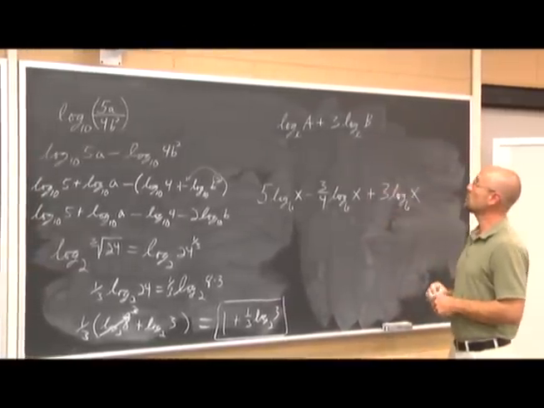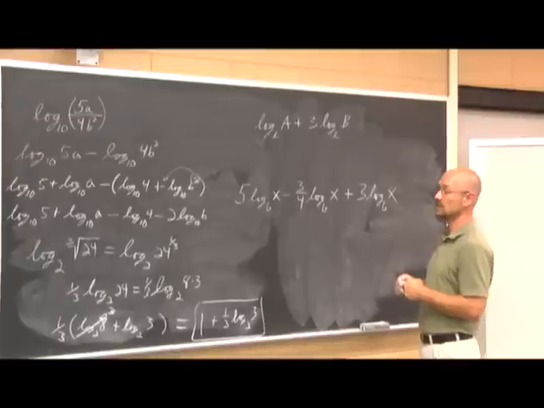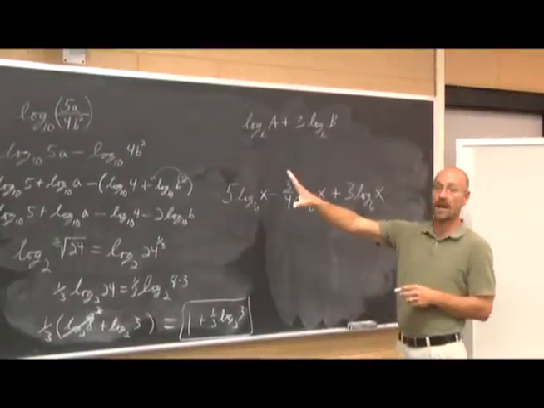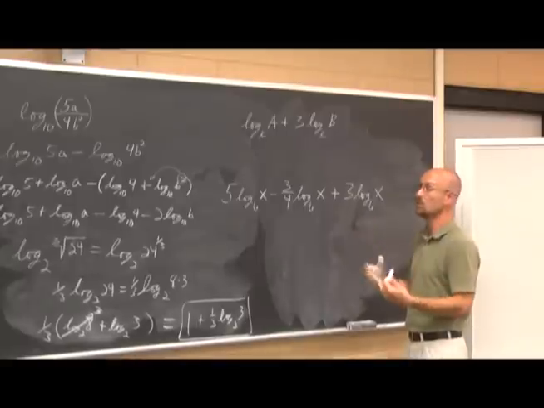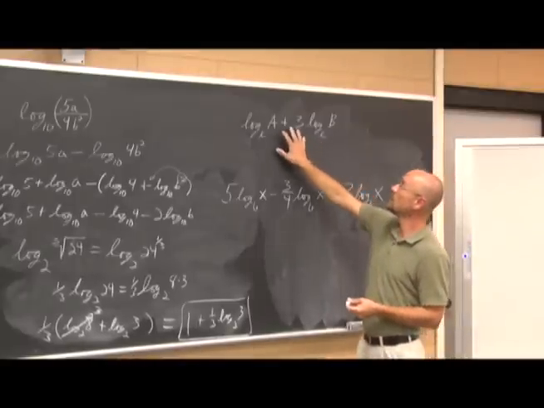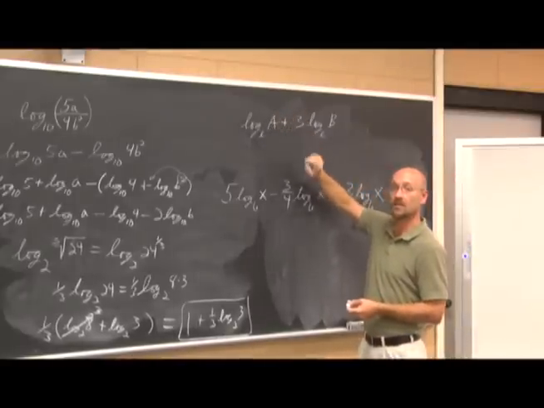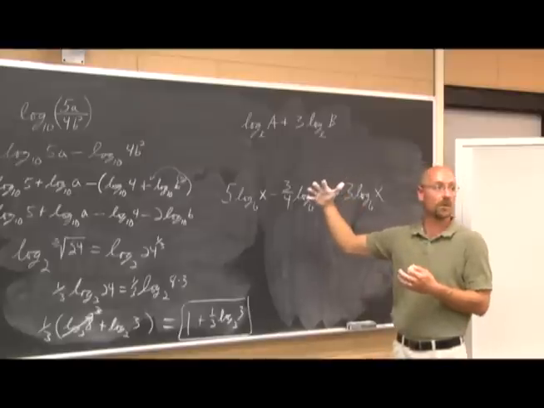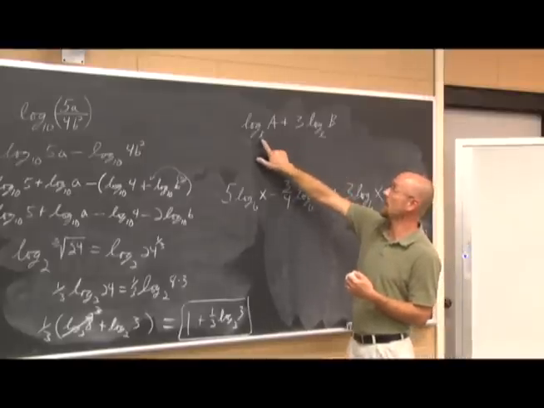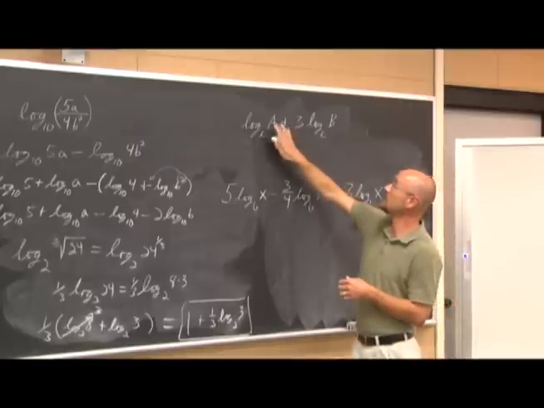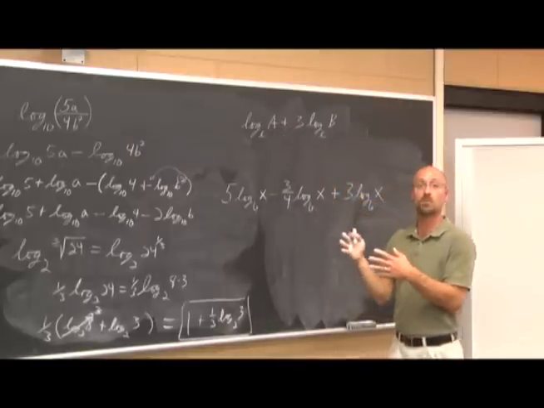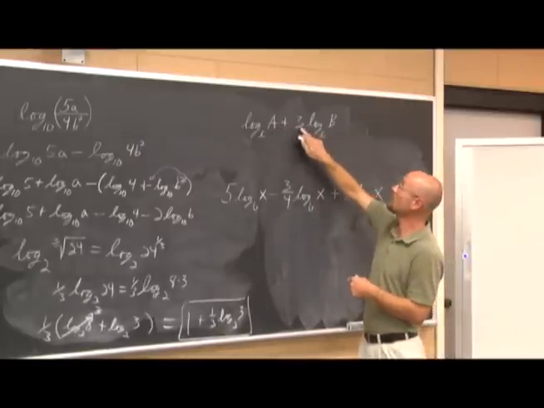All right, let's look at this example here. We're going to combine this into a single logarithm. The other ones, we had a single logarithm, and we wrote it as the sum or difference or multiples of logs. Here, we want to write this to have a single log. Well, everything we've dealt with up to this point has the same base, so we have to always make sure they have the same base. Since it's addition of logs, we know we can use the product rule, but we have this out here.